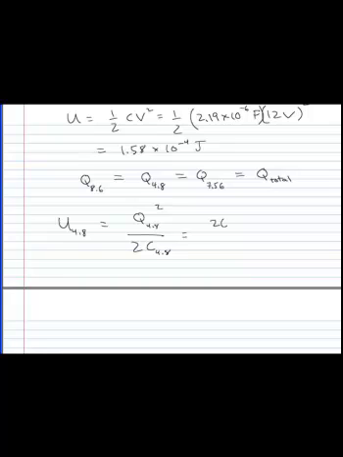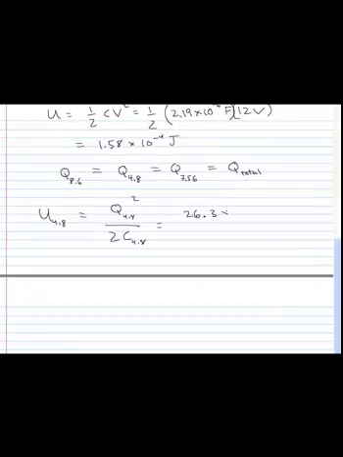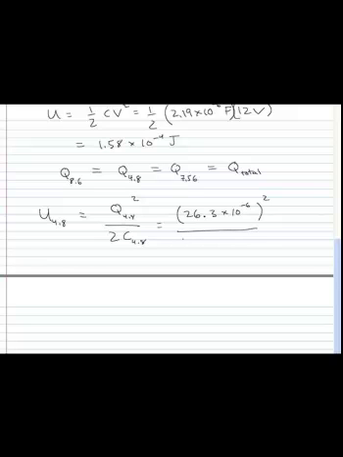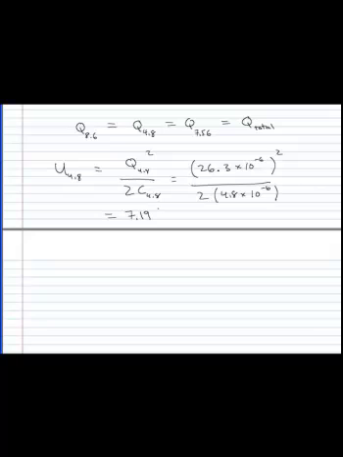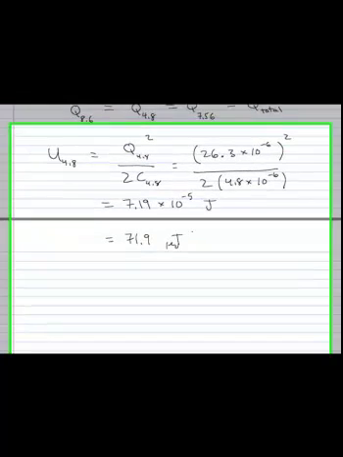And so we get 26.3 times 10 to the minus 6 squared all over 2 times 4.8 times 10 to the minus 6, and I get my energy stored as 7.19 times 10 to the minus 5 joules. That's the same thing as 71.9 microjoules.